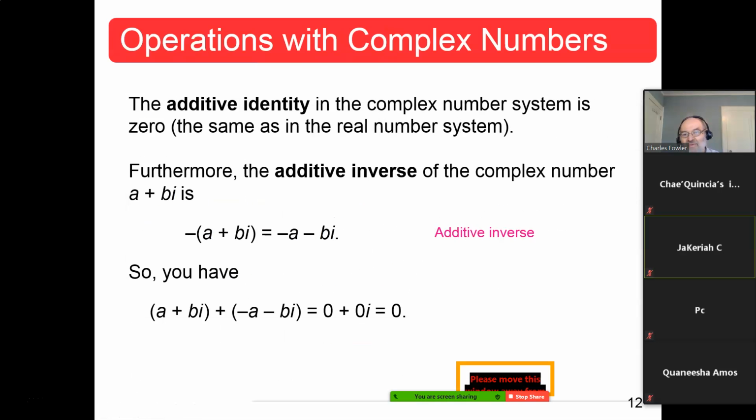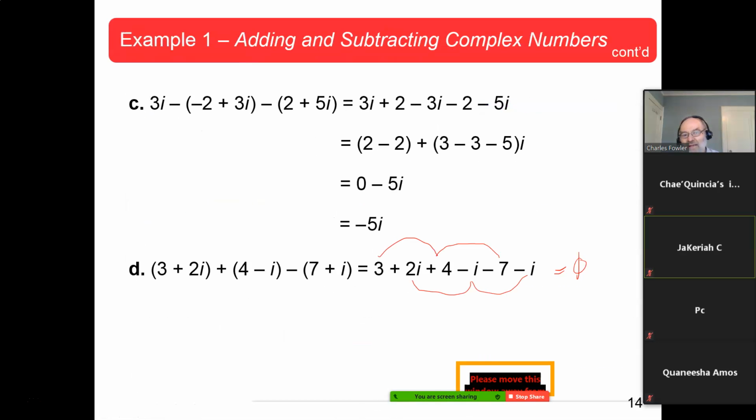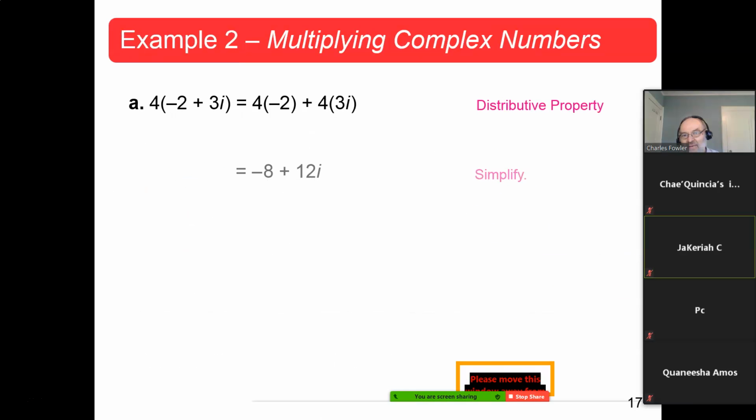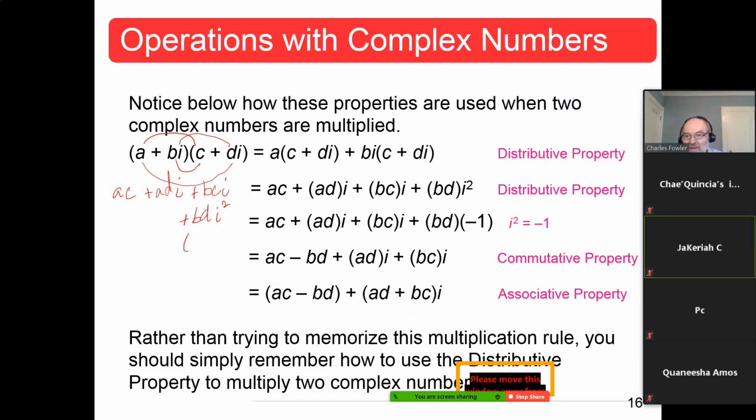So you go back here to what we were doing with multiplying. Whoops, I went too far. And this term right here becomes, because I squared is minus 1, minus BD. That's it. So what do we wind up with? You wind up with AC minus BD, that's your real part, plus, and I'm going to put in parentheses, AD plus BC times your imaginary part.